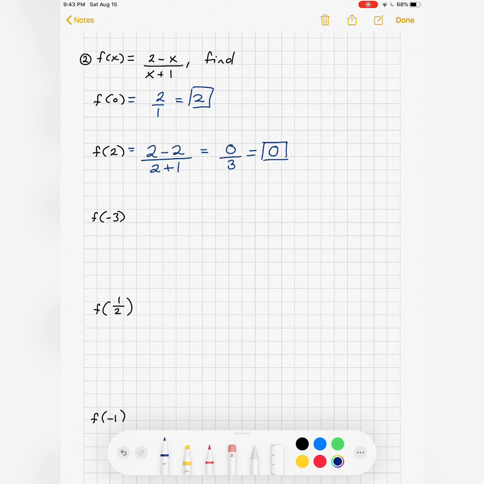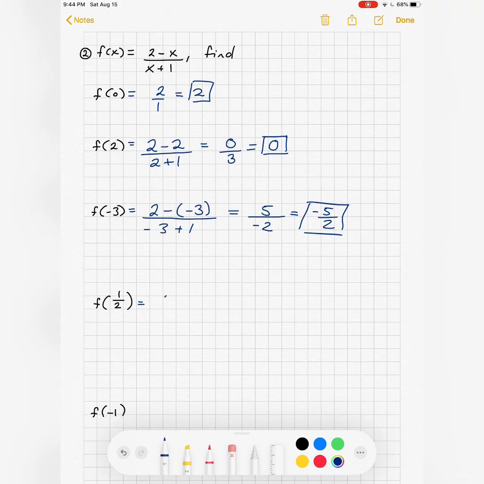Okay, it's when I have to be careful that I get 0 in the denominator. Okay, nothing too exciting there.